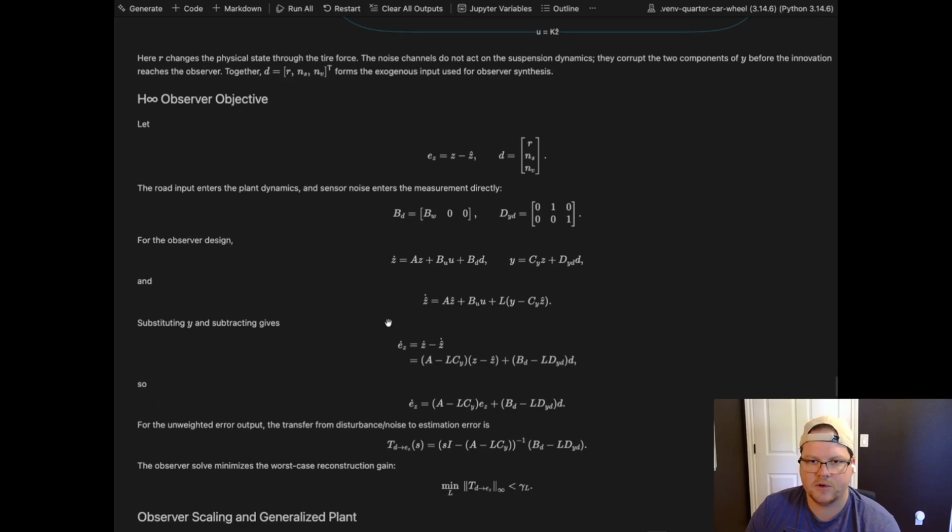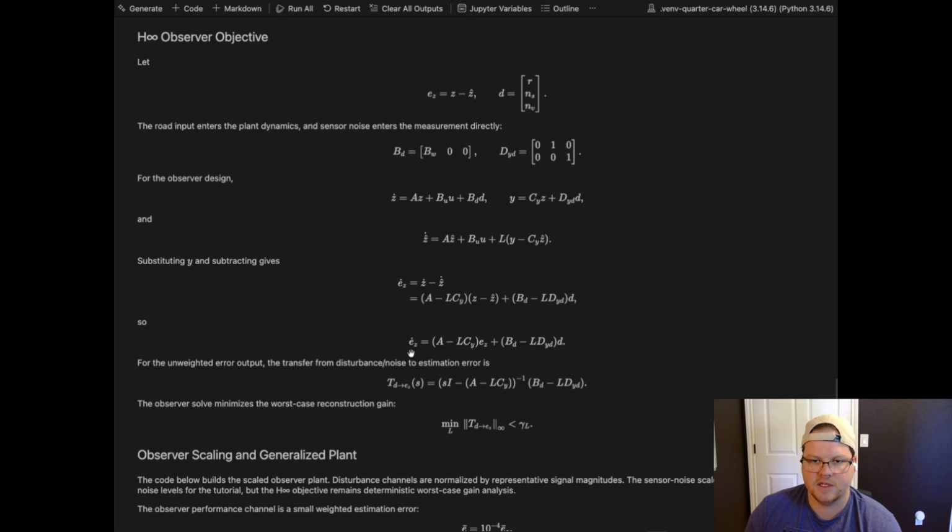And so similarly, we have internal state dynamics now for the error. So we have EZ dot is equal to Z dot minus Z hat dot. And so we can repackage things to be factored in this nice version here. And then we substitute the variable for EZ. And then we have D on the outside here. That's the same.